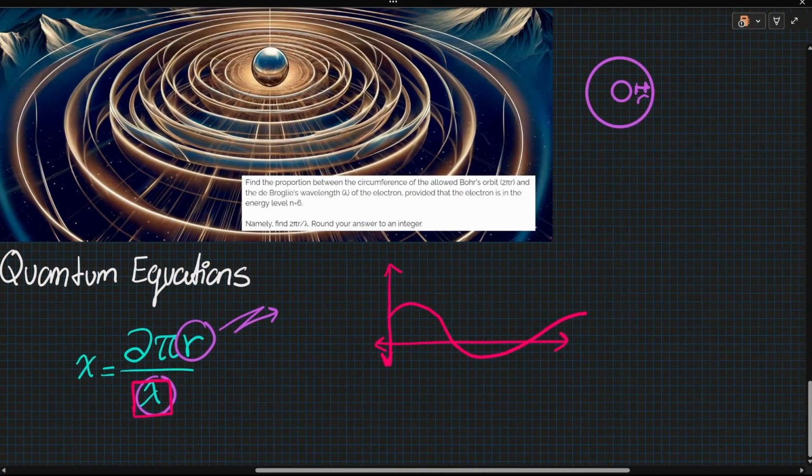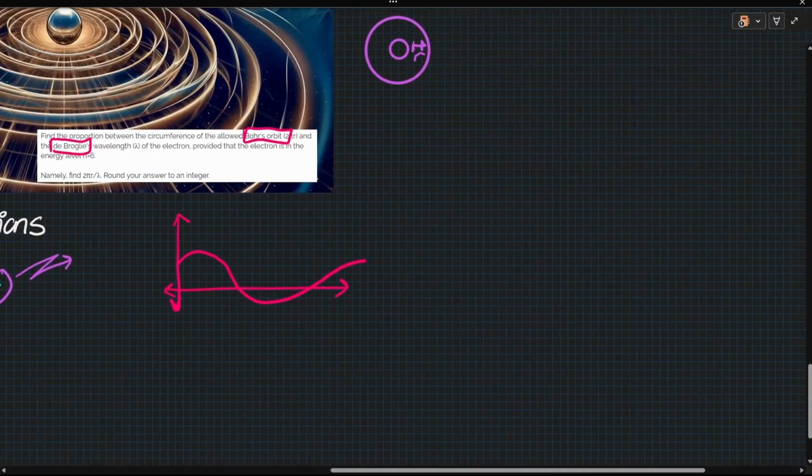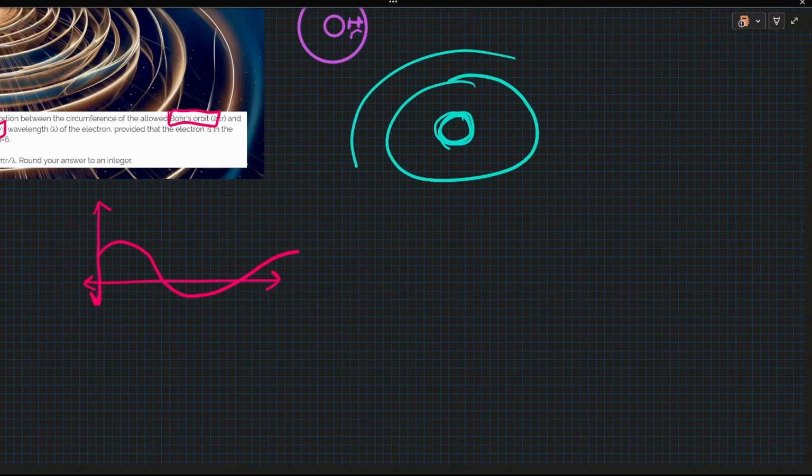And again, since we're talking about Bohr and de Broglie, they're sort of hinting at what equation we should use, right? The Bohr's model is the model that you're familiar with from high school, in that you have a central nucleus and a bunch of orbitals, right?